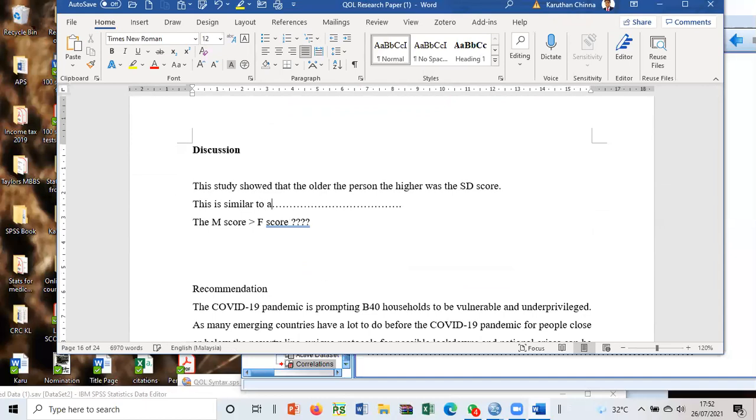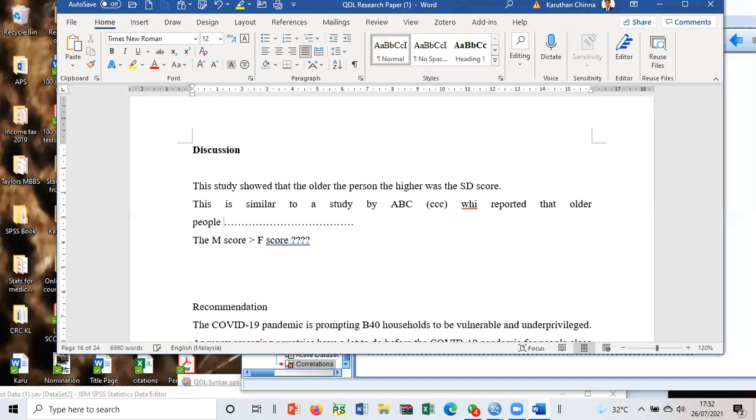This is similar to the study by, let's say, ABC, in whatever year, who reported that older people had better social quality of life.